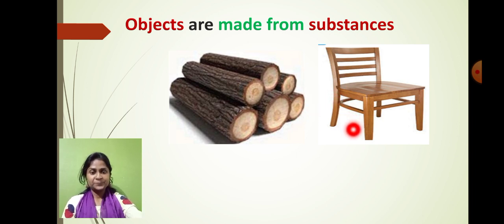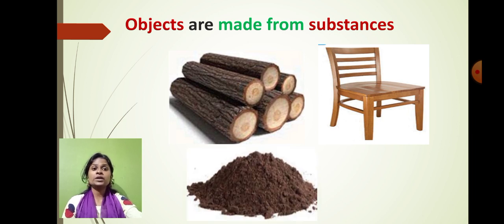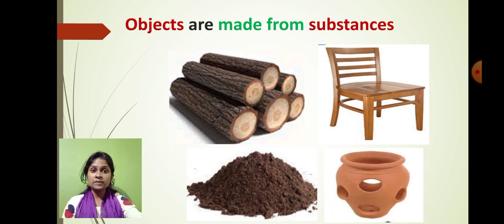Object category. Okay. Again, look here, it is soil. So will soil come under the object category or the substance category? Soil will also come under the substance category. And you can see here the earthen pot. This pot is made up of soil, so this pot will come under the object category.